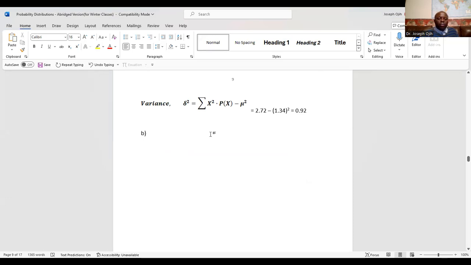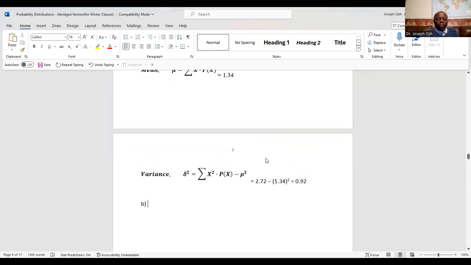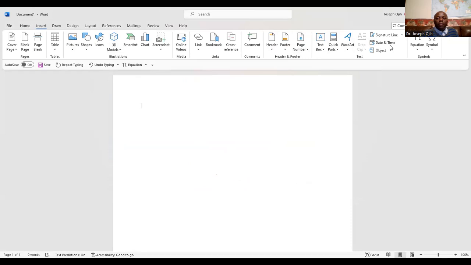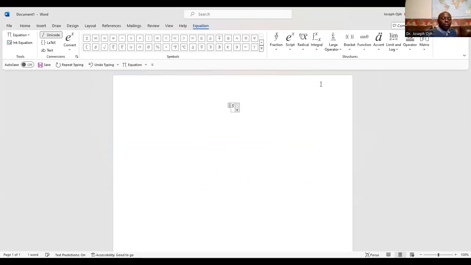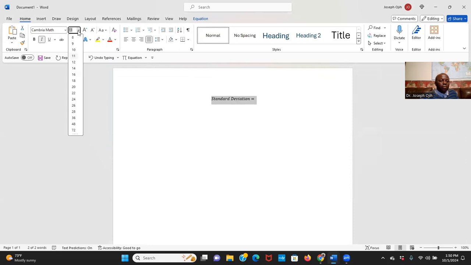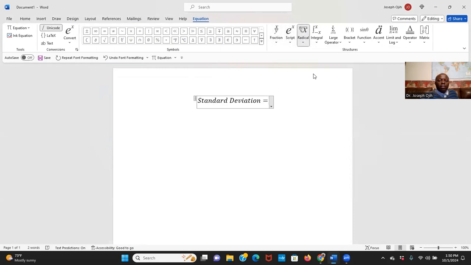Then the standard deviation, of course, is going to be the square root of that. So I'm going to get it from the other workbook. Inside this formula right here, standard deviation equals the square root of variance.